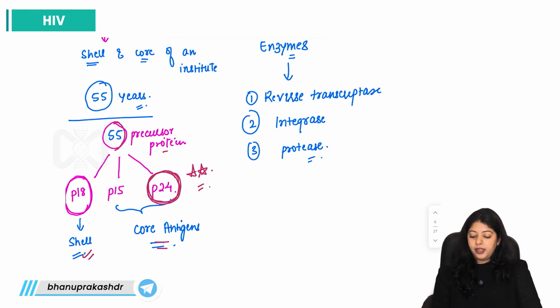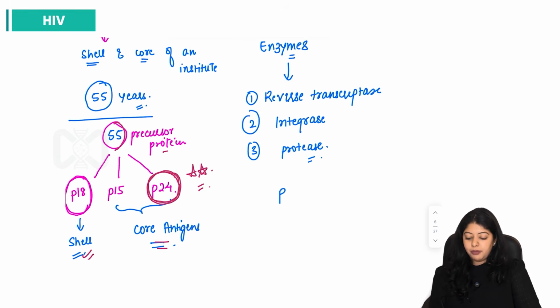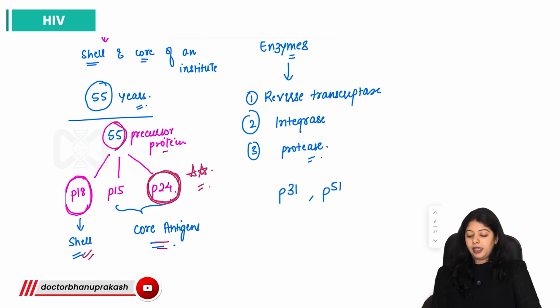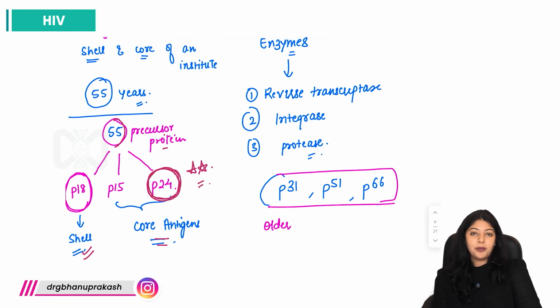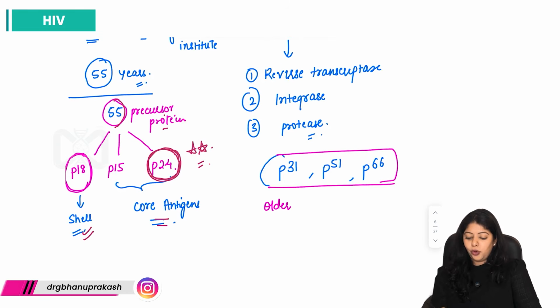Now these genes also have numbers, right? So the numbers are P31, P51 and P66. Older age group people, when we say exit-polls, they do not have much to do in day-to-day life, so they eagerly wait for the exit poll results.